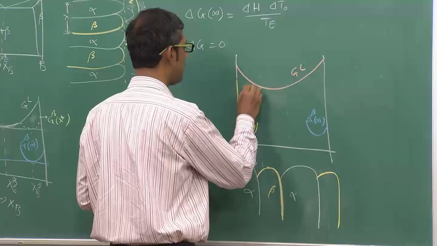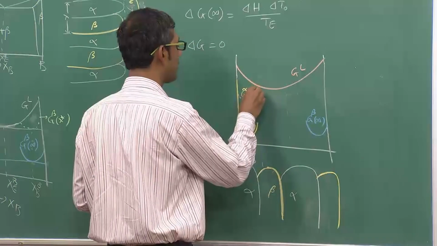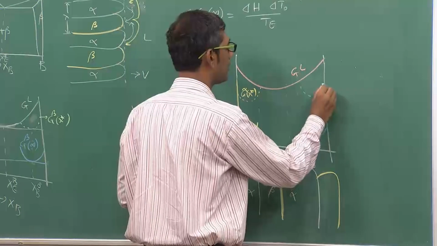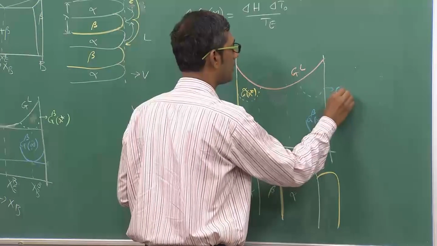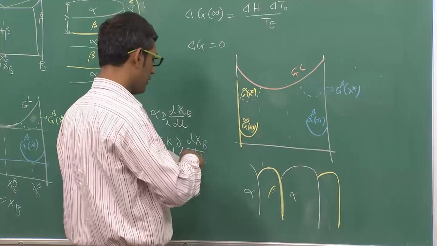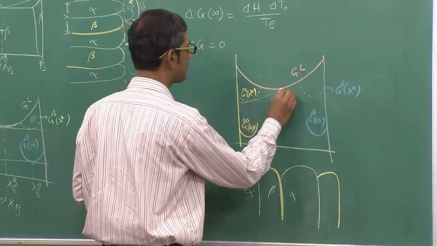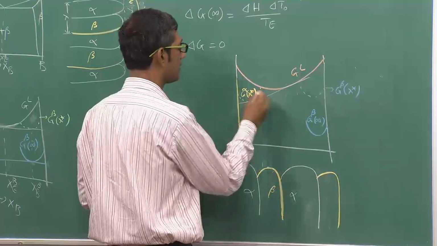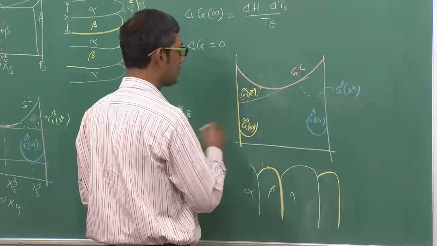So, this is my G alpha at lambda star as we have done. This is your G beta at lambda star. If I draw the common tangents here, this is one, and then this is another one.